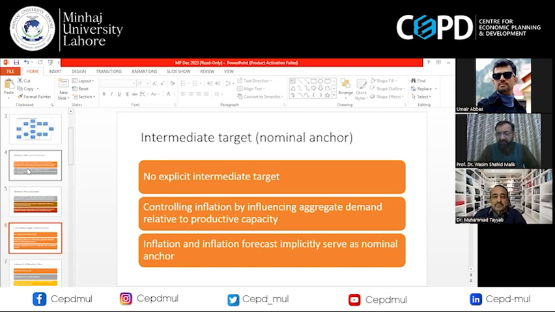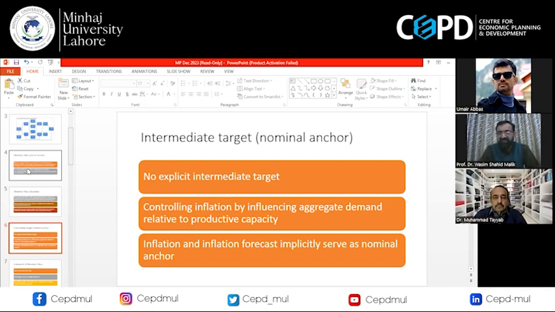So this is not my own statement, rather it is the statement of SBP, that there is no explicit intermediate target. What the central bank does is control inflation by influencing aggregate demand relative to productive capacity. So the central bank directly targets aggregate demand through its instruments, and there is no intermediate target as such.